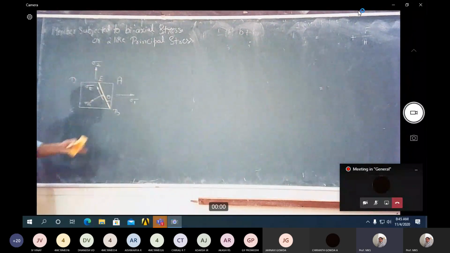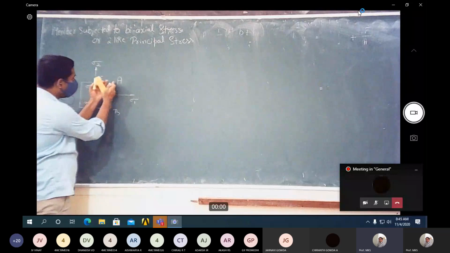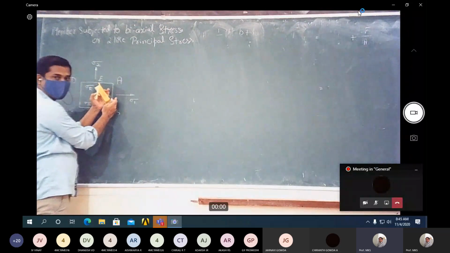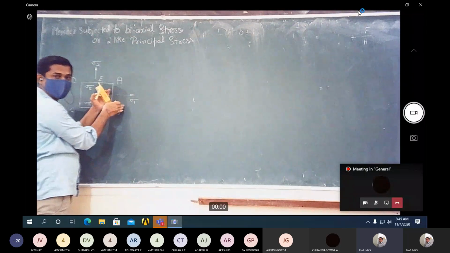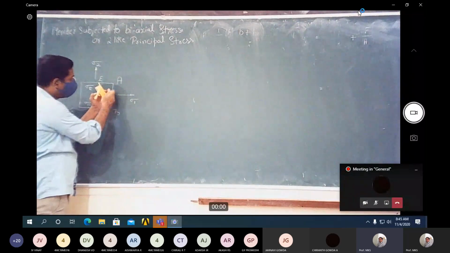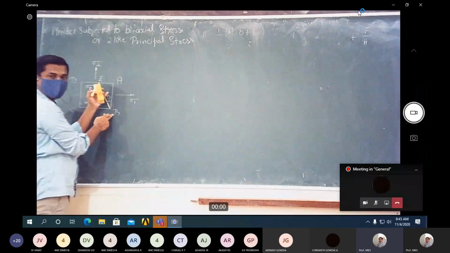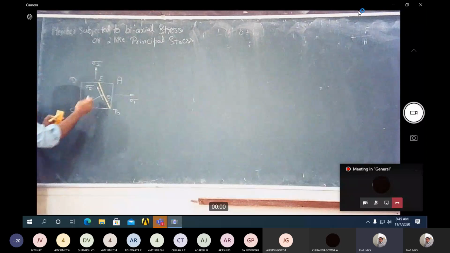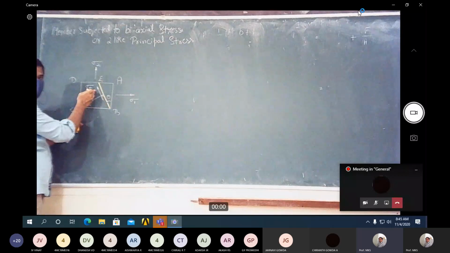By the definition of principal stress, the principal stress exists in a principal plane where the shear stress is zero. So along AB and DA there is no shear. I need to find the stresses along the inclined plane: when the plane is inclined at a certain angle, there exists a shear along with normal stress.